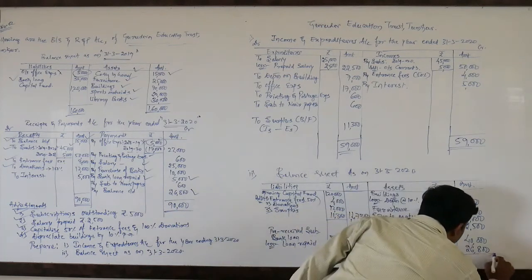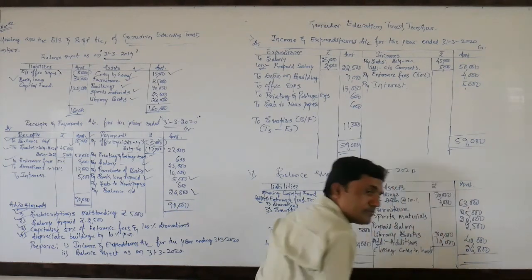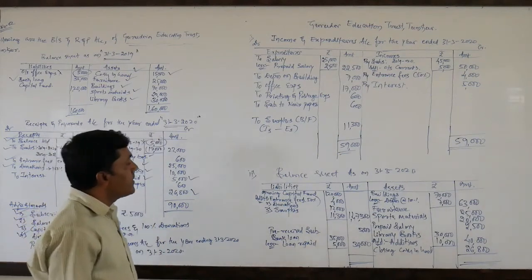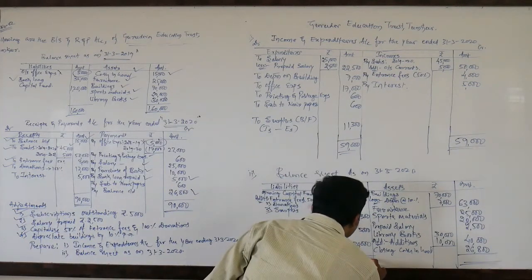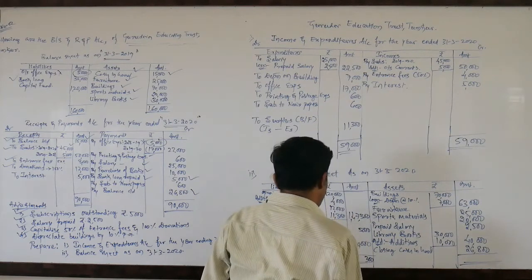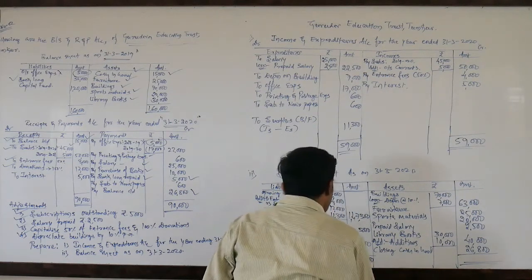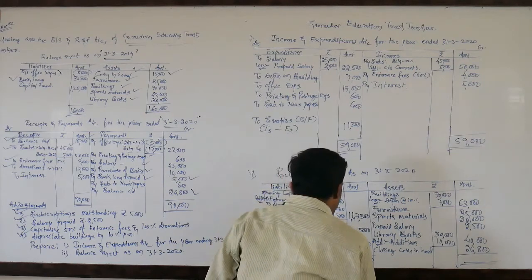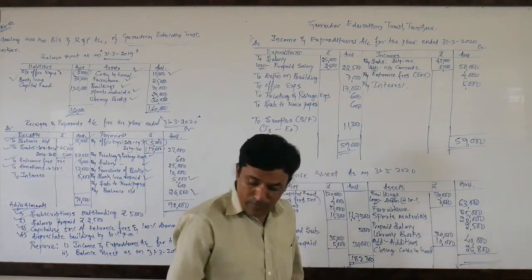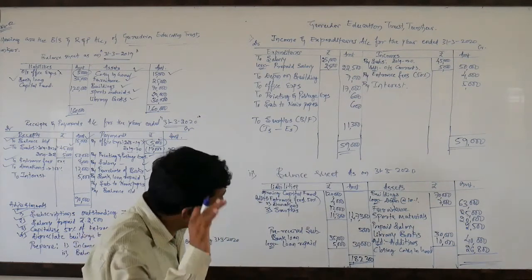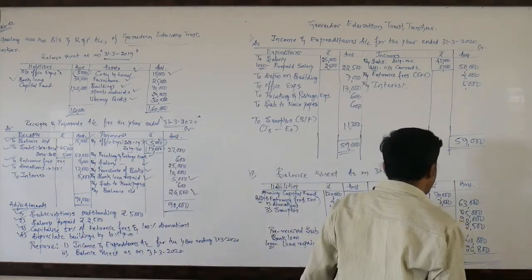Both side totals: 1,82,300 on the liability side.